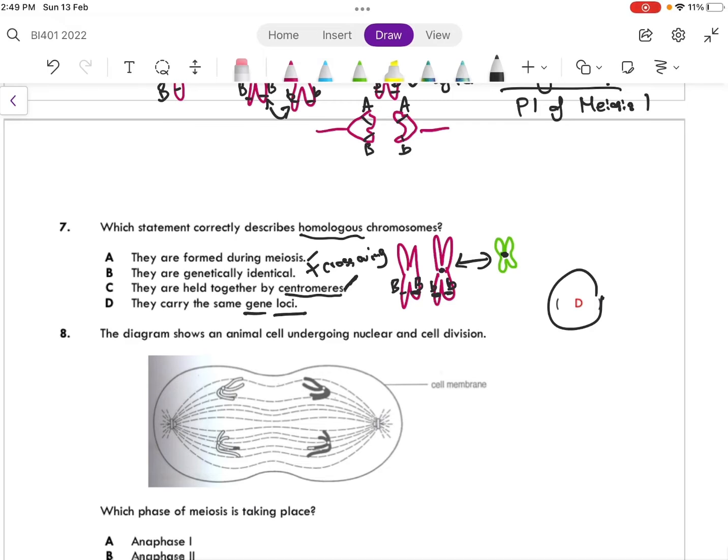Another way to interpret this, it could mean that the homologous chromosomes are joined together at the centromere. It's very weird. We don't see 2 butterflies joined together at the centromere either. Okay, so D is the best answer.